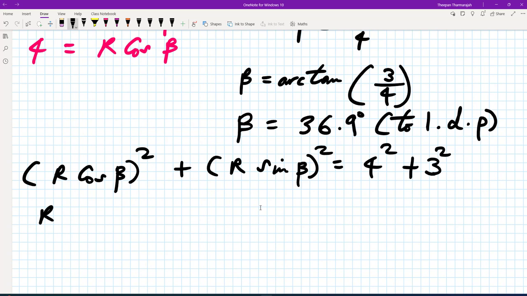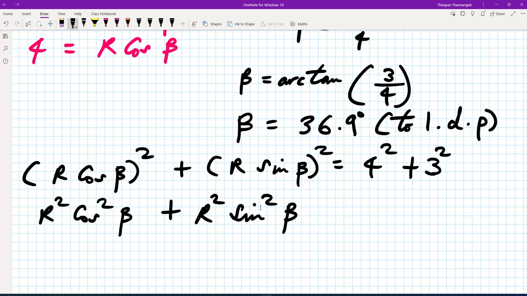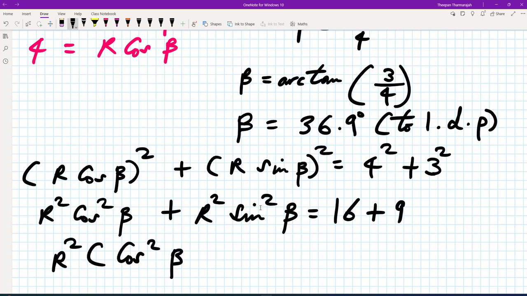So we can say that r squared cos squared beta plus r squared sine squared beta is equal to 16 plus 9. So in other words, we can take r squared out, cos squared beta plus sine squared beta, you know it's 1, must be equal to 25.